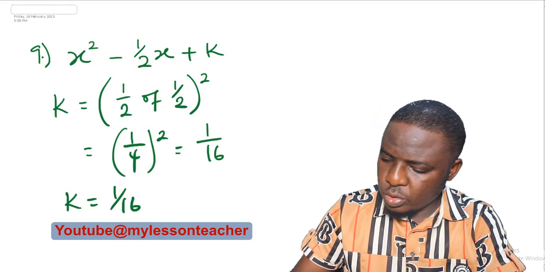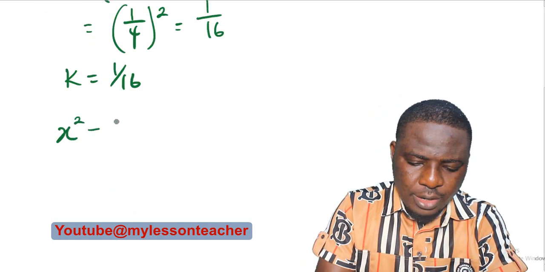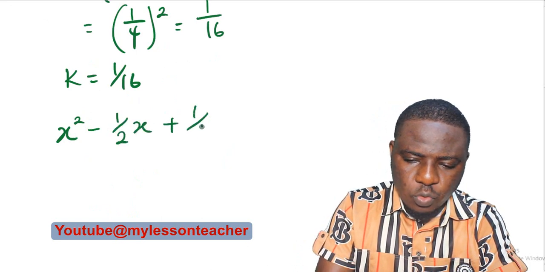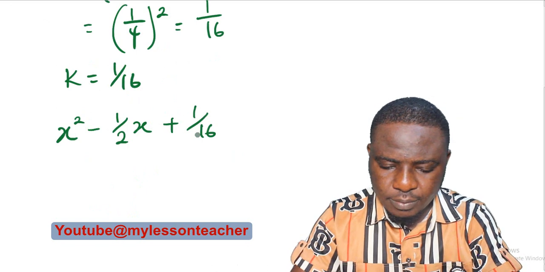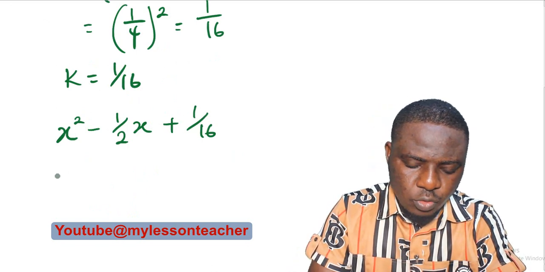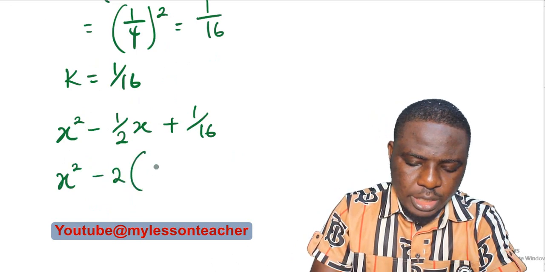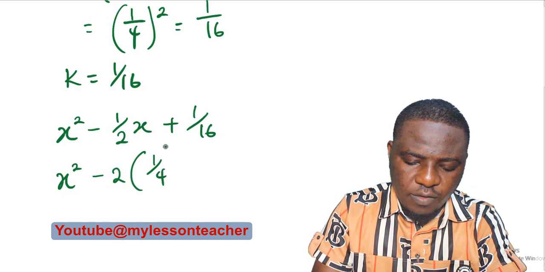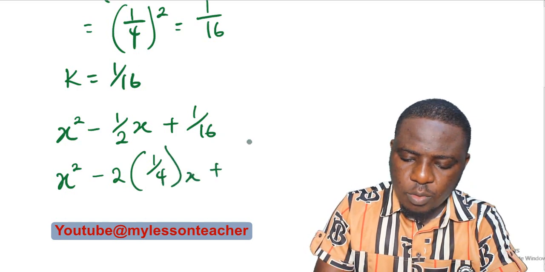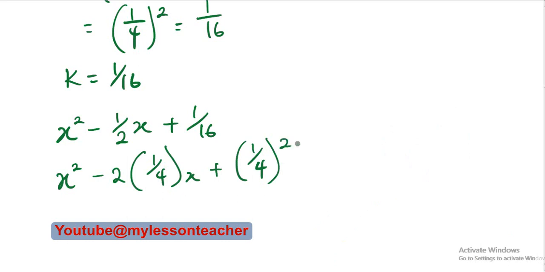Meaning 1/16 is that term that must be added to x squared minus half x to make it a perfect square. This becomes x squared minus half x plus 1/16, which can be simplified further to be x squared minus 2 into 1/4x plus 1/4 all squared.